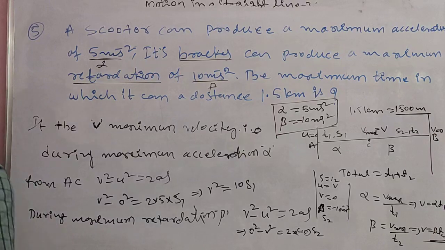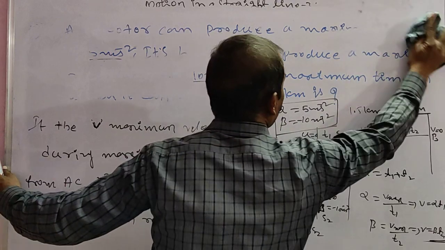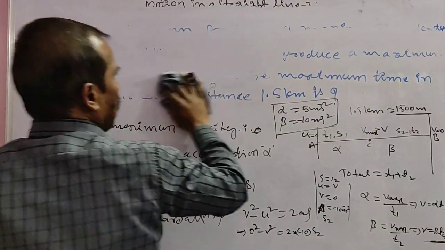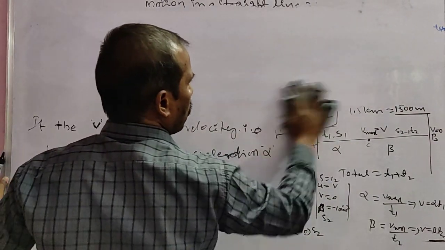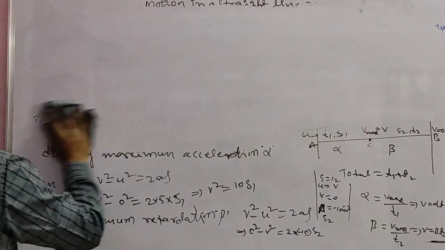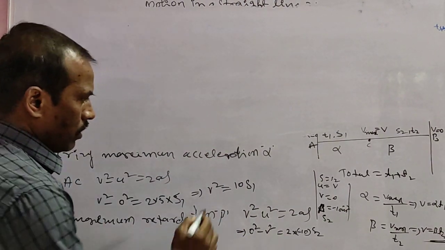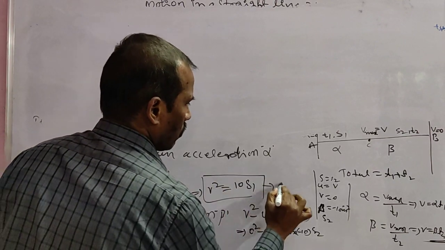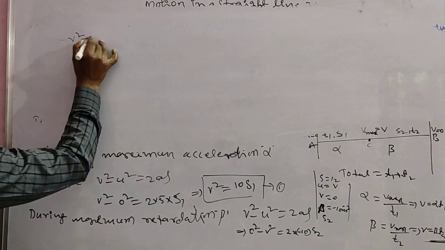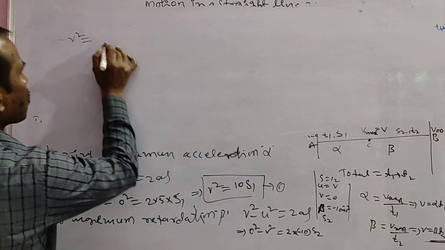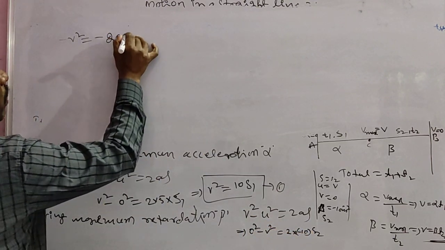Now note this one first. Now we find out the total time in the journey of the particle. Minus V square is equal to 2 into minus 10 into S2.